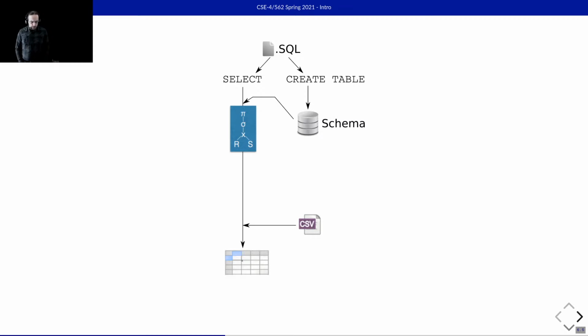The select statement, together with the schema of the tables that it uses, goes together to form this relational algebra plan. This is the responsibility of the parser that you're going to get, as well as the analysis phase that you're going to implement. That's basically the first project: produce answers.